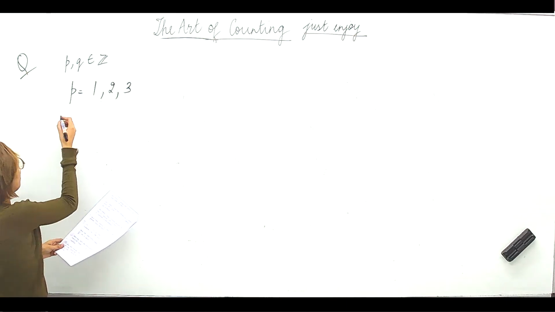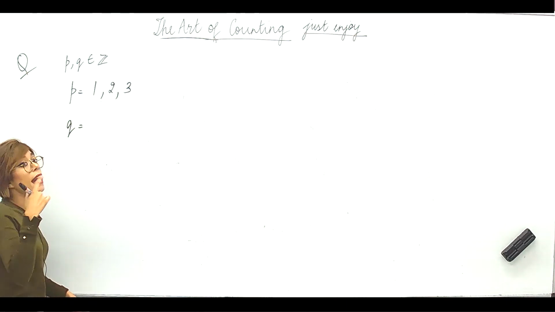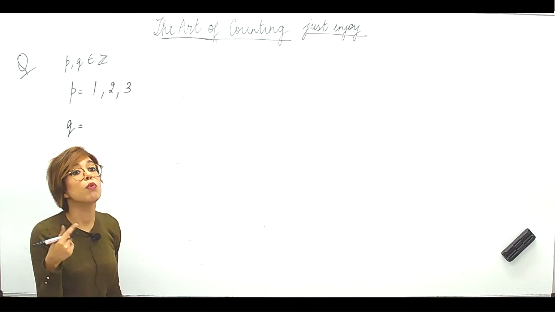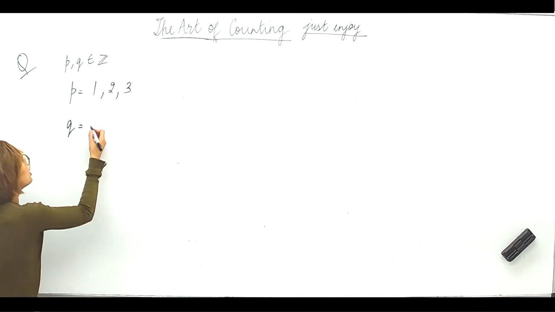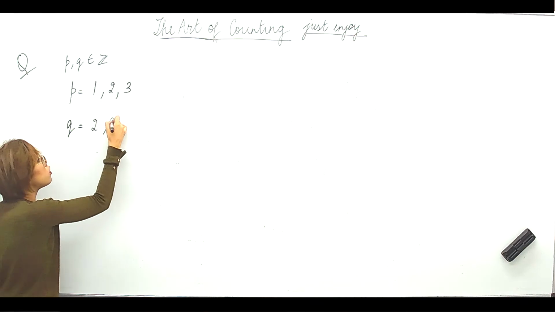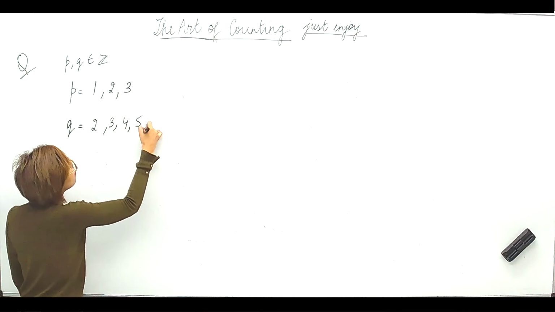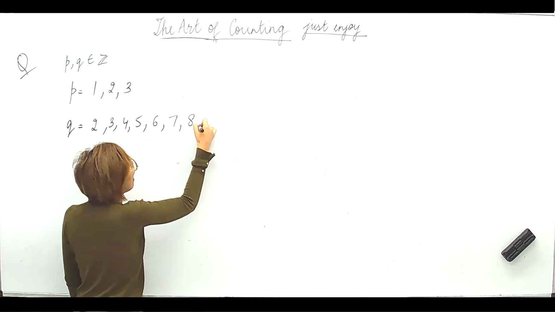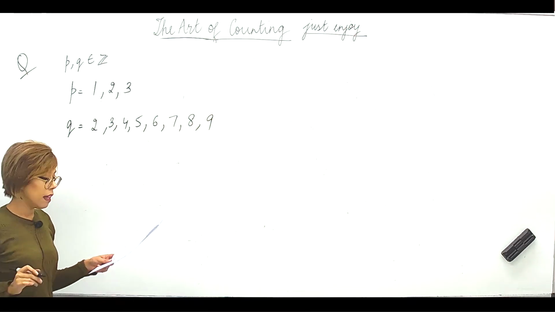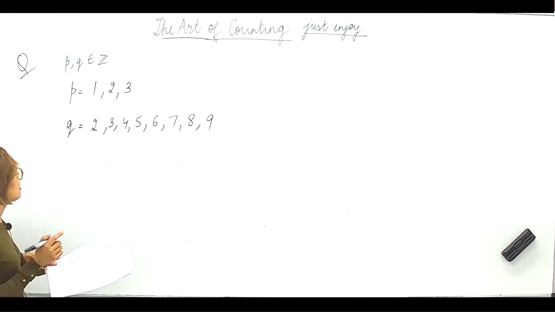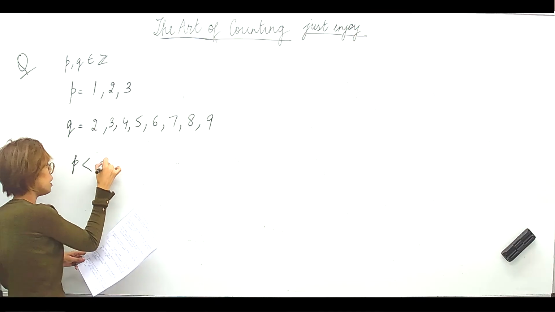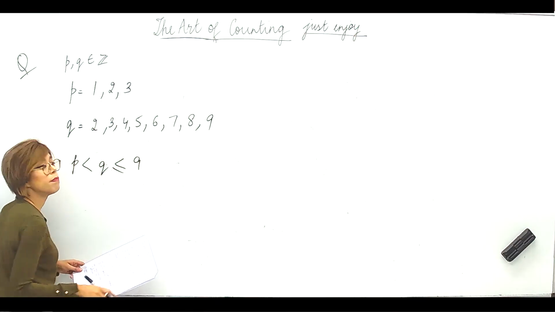Okay. And then Q lies between 2 and 9. Both inclusive. And Q is an integer. So that means Q can be 2, it can be 3, it can be 4, 5, 6, 7, 8 and 9. Right? Okay. Also he says P less than Q less than equal to 9.